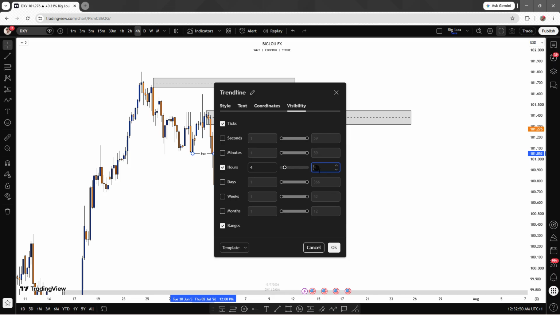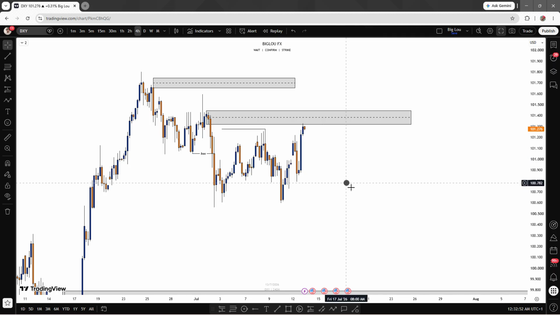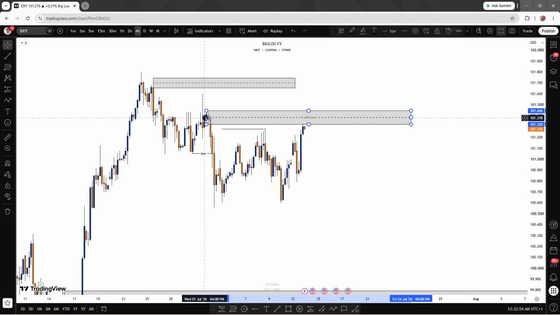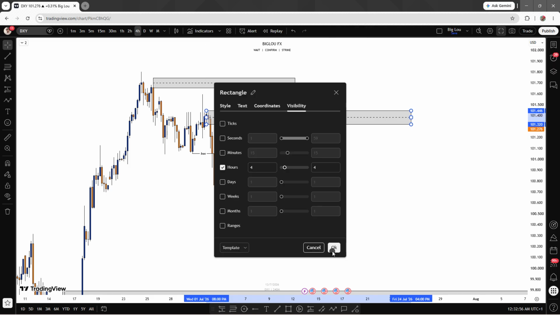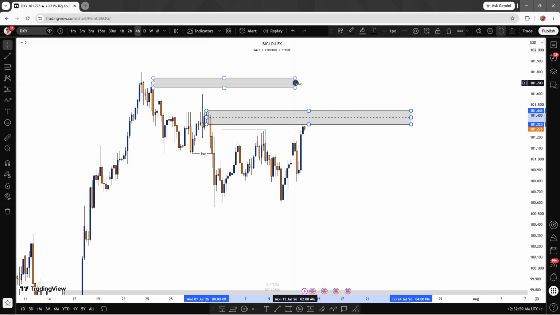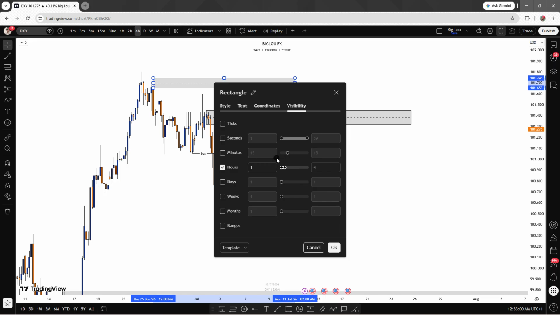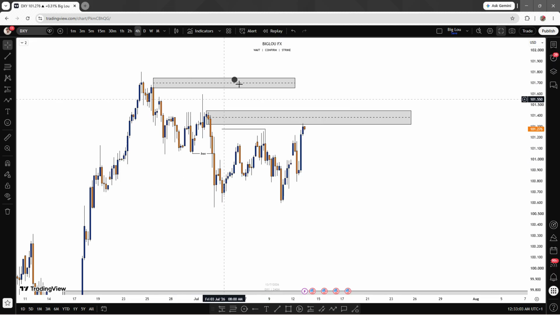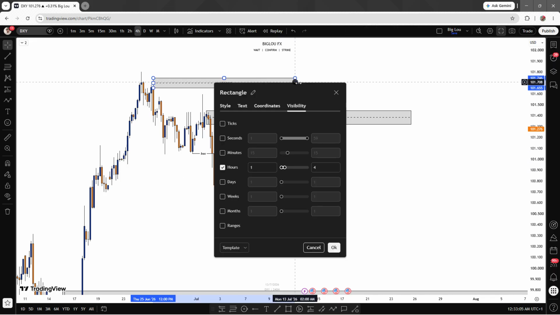I don't want it on every time frame, except where I need to see it. This is only on the 4 hours. Oh, this is an hourly zone. That zone is a 1 hour zone.